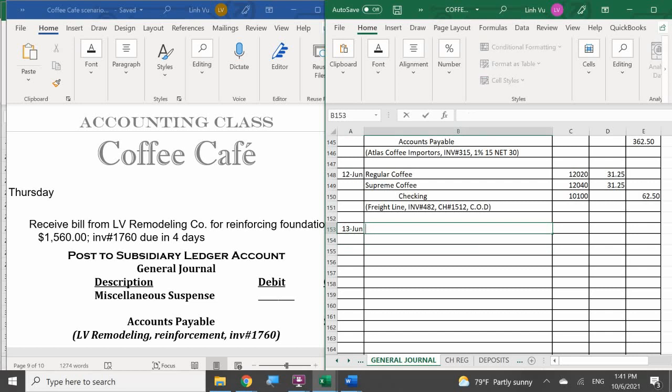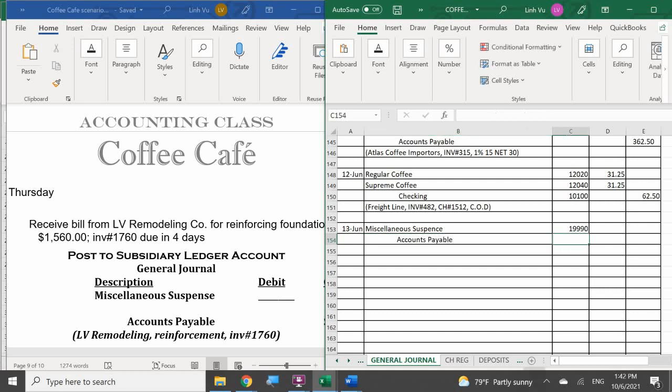Miscellaneous expense account, which is account number 19990 9999. And then we have accounts payable, 20,000.